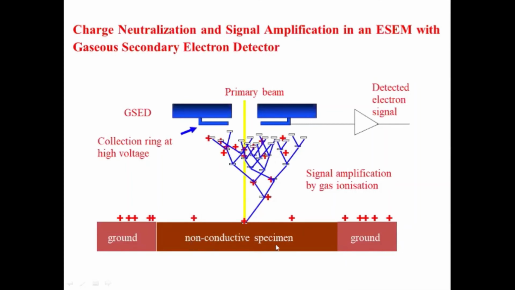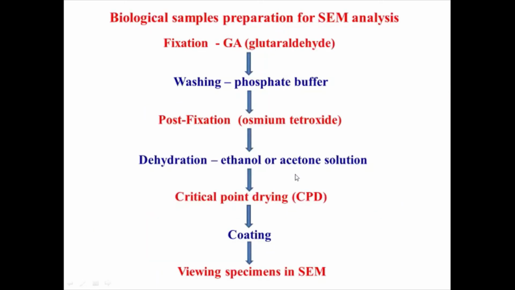So even for a non-conductive sample, you don't have to coat it with conducting layers. The gaseous ions will neutralize, and then once they neutralize, they appear as a gas species, and again they will get ionized due to the emission of secondaries. So you get an image formation.